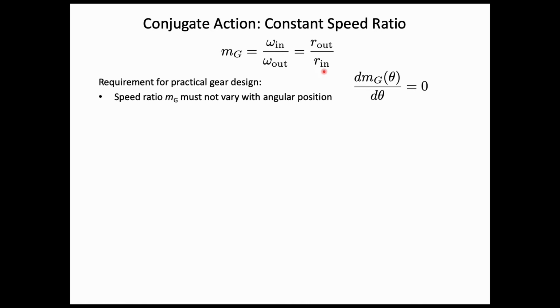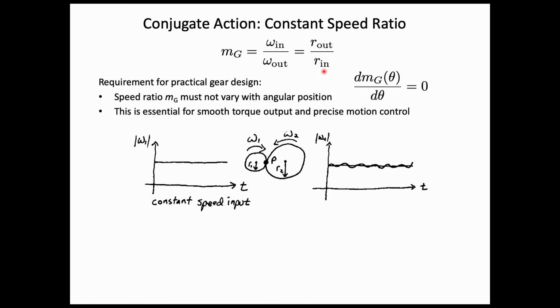We're going to go through how we can actually ensure this is the case for a gear set by discovering a geometry for gear teeth that ensures this is the case. If we don't have this constant speed ratio, it can cause a number of problems. This is really important for us to have smooth torque output and precise motion control.